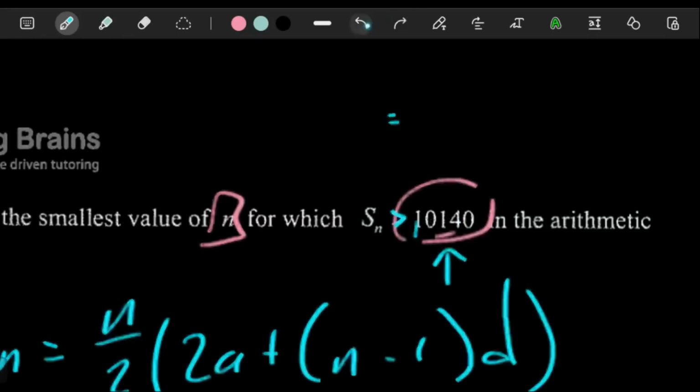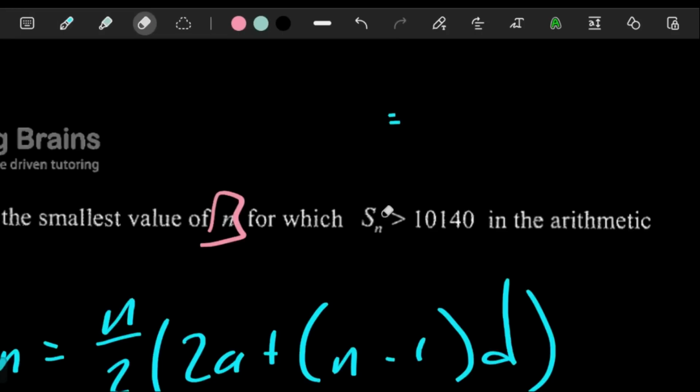That's where you can start, because whatever value of n you get, it's the first value of n, and any value after that is bigger. So Sn equals 10,140, right?